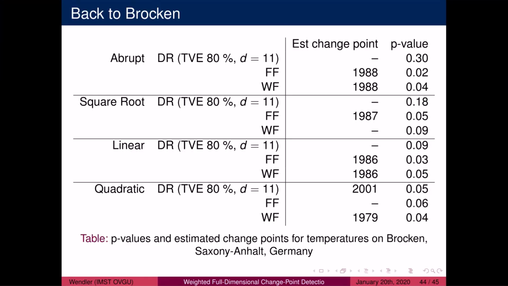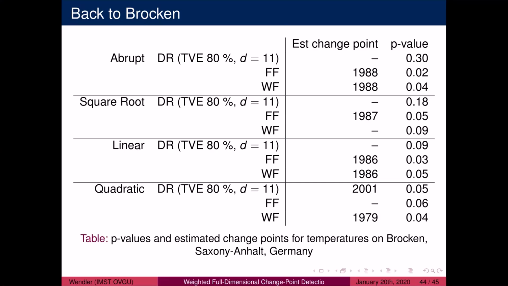Okay, so let's see here. If you have an abrupt change and you have dimension reduction, then you get really high p-values. So you misspecified your type of change rather clearly.